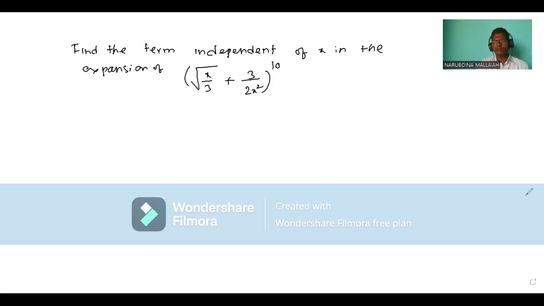See, procedure is same. You have to use the general term formula. So recall this, T(r+1) is equal to nCr x to the power of n minus r into y to the power of r. So here, first write nCr.